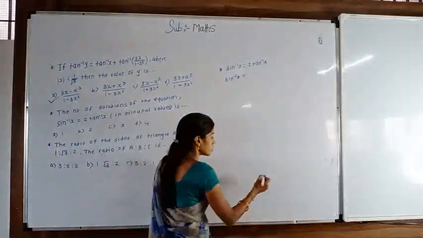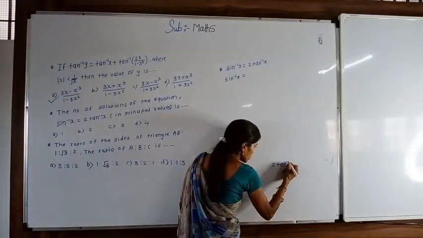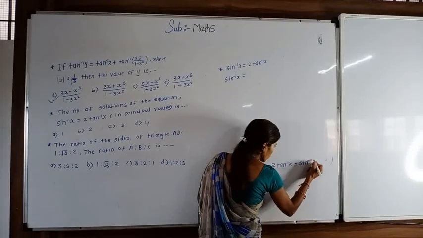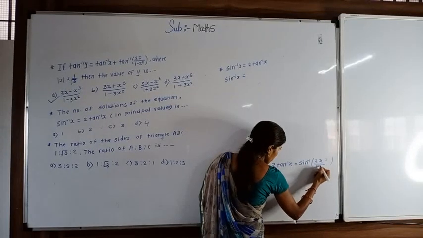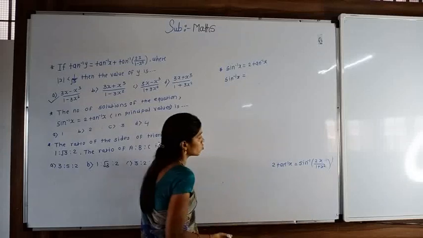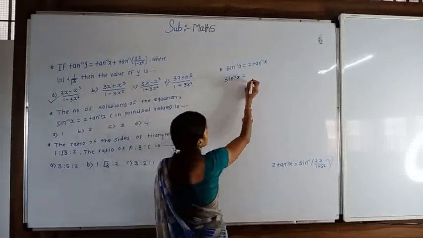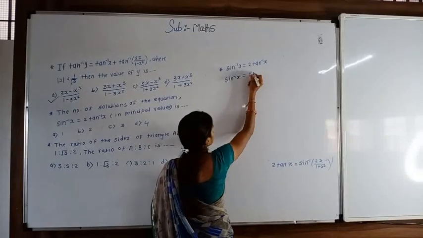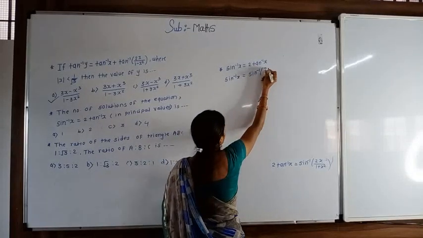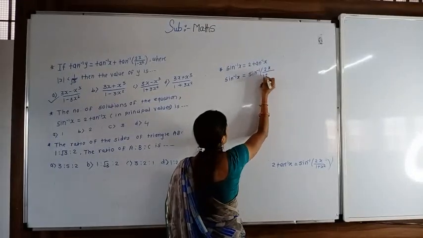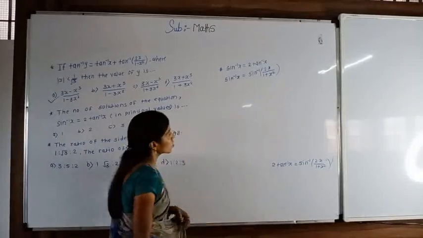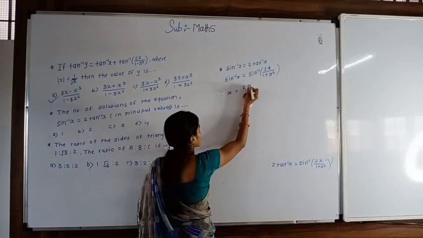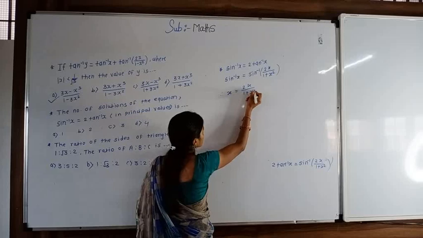We know the identity: 2 tan inverse x in terms of sine we can write as sin inverse of 2x divided by 1 plus x square. So use this identity. In that case we get 2 tan inverse x is sin inverse of (2x divided by 1 plus x square). Okay, now equating both sides we can write x is equal to 2x divided by 1 plus x square.